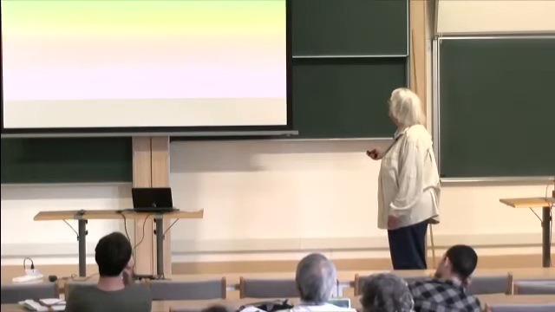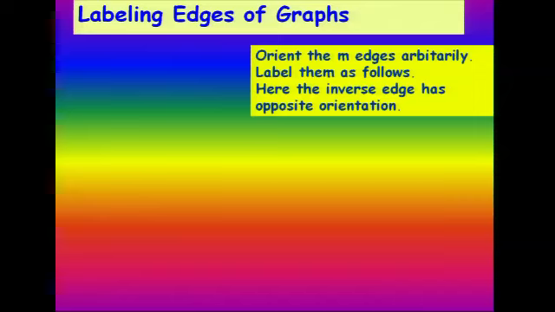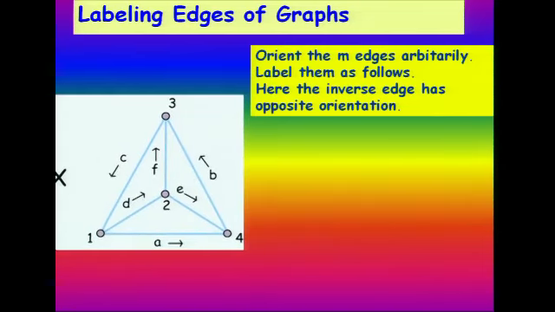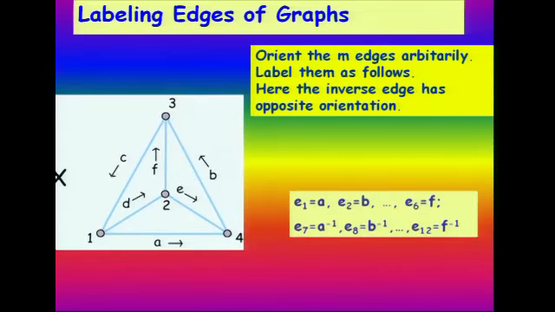So we would like to label the edges the following way. You orient them arbitrarily. I'm assuming the graph's not directed, so you direct the edges however you feel like. And then you label them as follows. On this particular graph, I have used letters, but usually I'm thinking numbers.